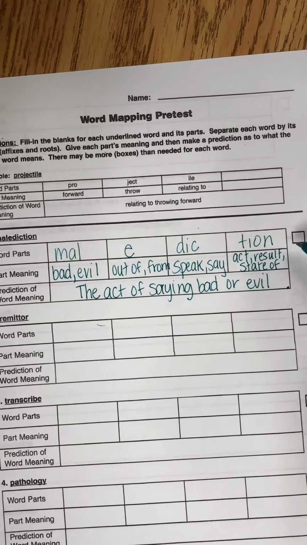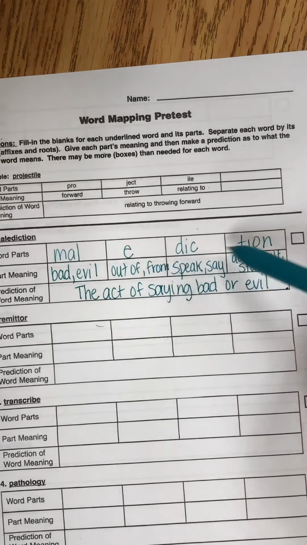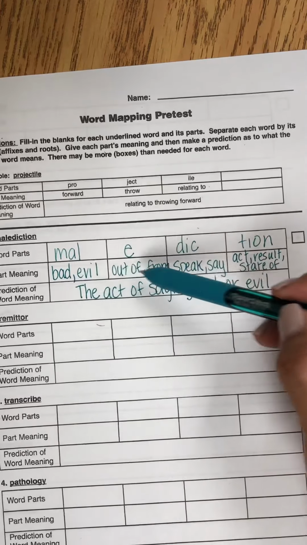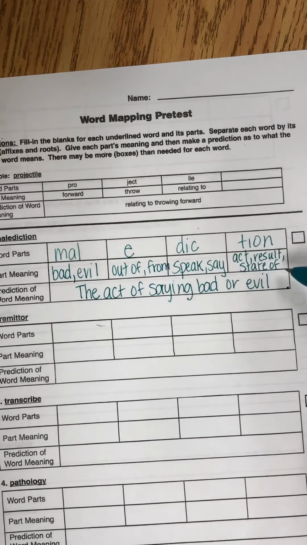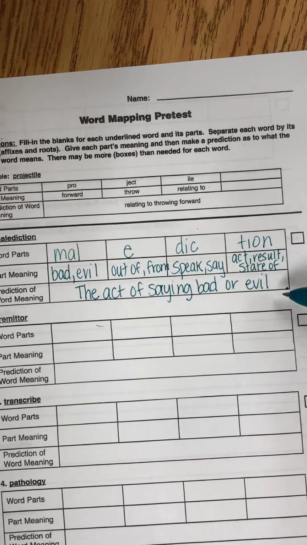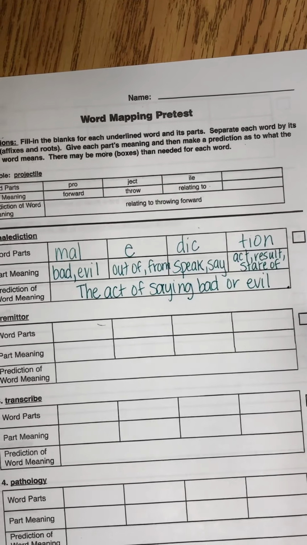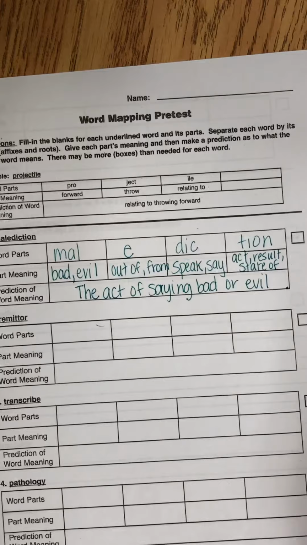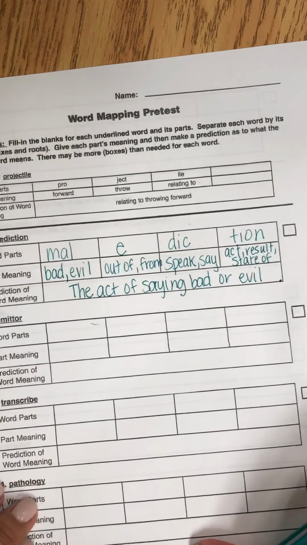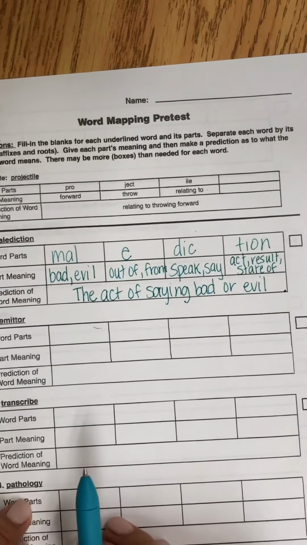So what I'm looking for is that you broke it apart by word parts correctly, that you gave me the definition of those word parts, and that you came up with your own definition of what you think that this word means. And so there's 4 in the front and there's more in the back.